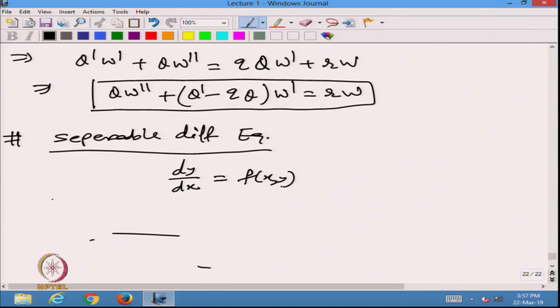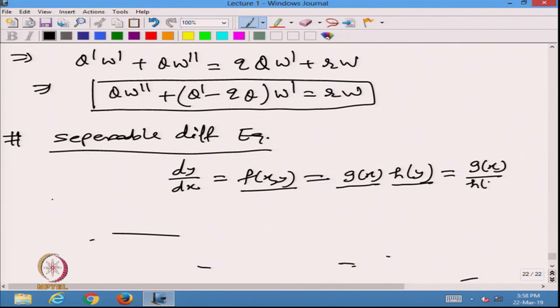So, this f(x, y) is a function of x and y. Let this function f(x, y) be written as g(x) into h(y). So, my function on the right hand side is separable, in the form of a function of x only multiplied by some function of y.